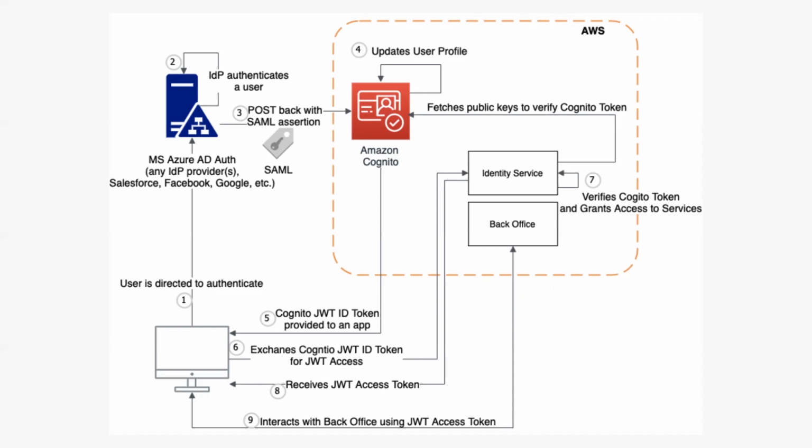On the first step, the user is directed to authenticate through any configured IDP, like Microsoft Azure Active Directory, Salesforce, Facebook, Google, and so on and so forth. The user goes through the standard authentication flow in SSO on the second step, including the multi-factor authentication step, which is handled by the SSO provider itself.